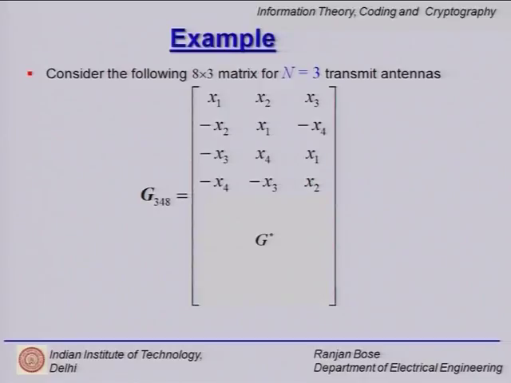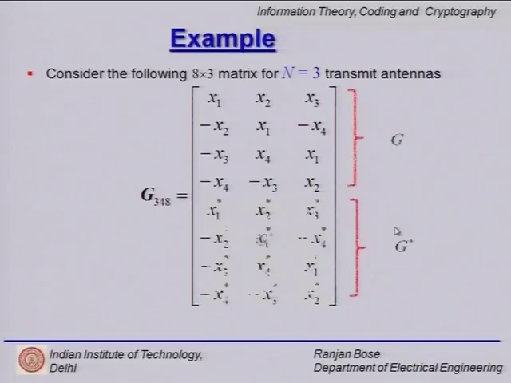But please note, in 4 time slots it is able to send x1, x2, x3 and x4. So it is a full rate generalized real orthogonal design. All we have to do is substitute each xi by xi star and we fill up the lower half of this matrix. So we have just mechanically substituted the complex conjugate of each of these.